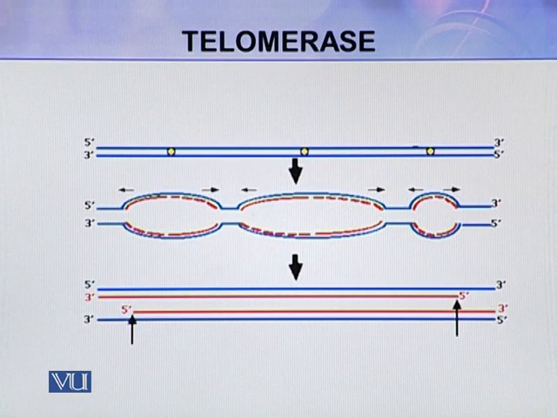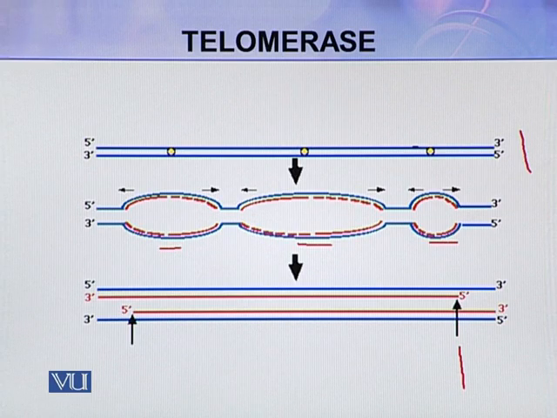Here in this picture, you can see a linear chromosome or molecule of DNA. These are the replication forks, or replication bubbles, you can say. At the end, when the replication completes, you can see this blue strand is complete, while the yellow one is incomplete at the terminus, or at the telomere.